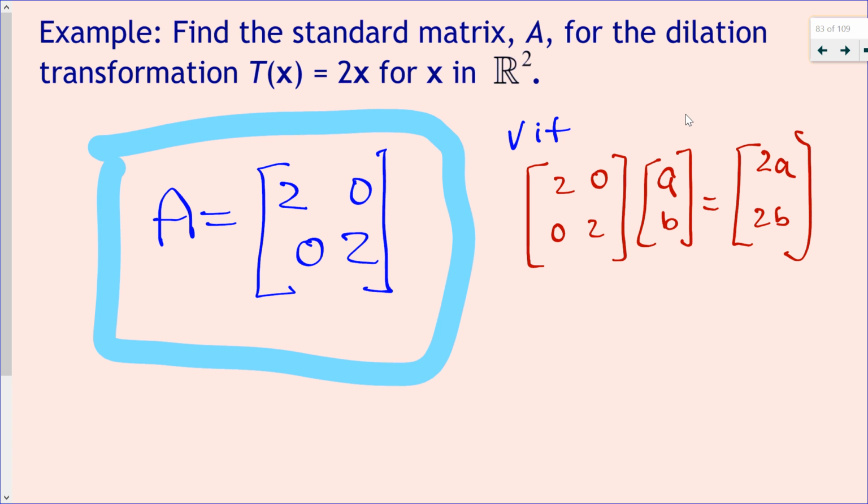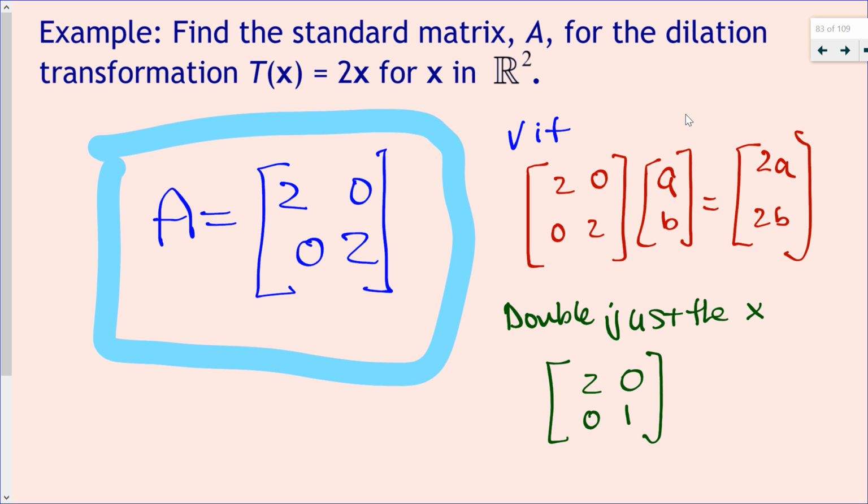And what if we just want to double the x values and not the y? Okay, let's check that out.